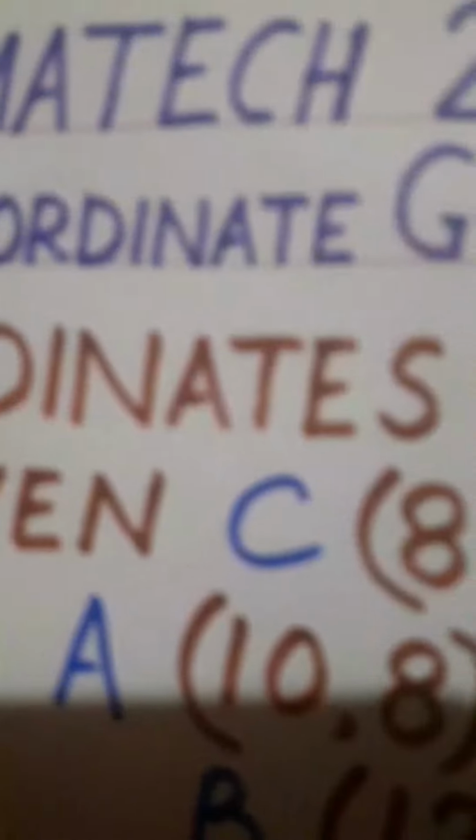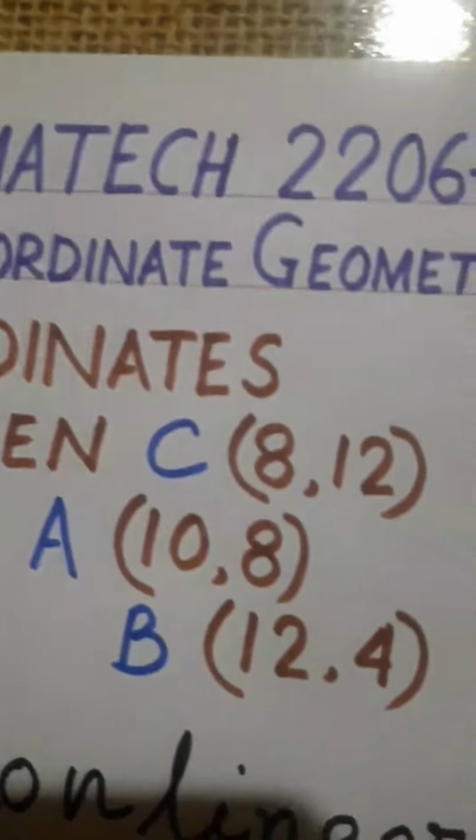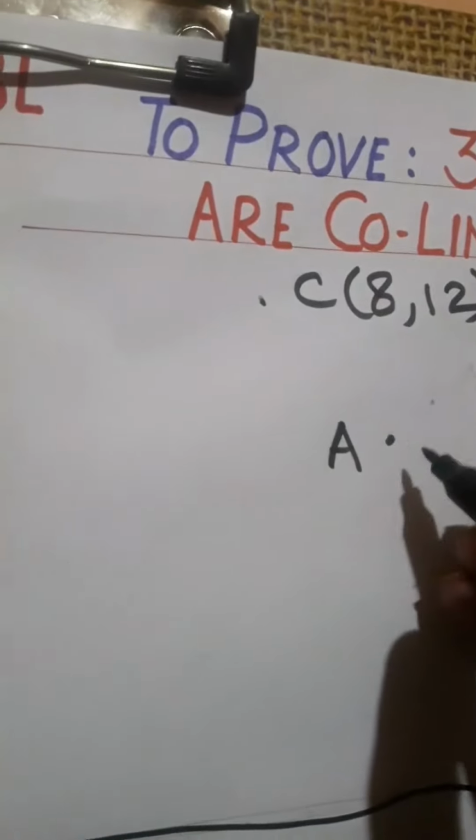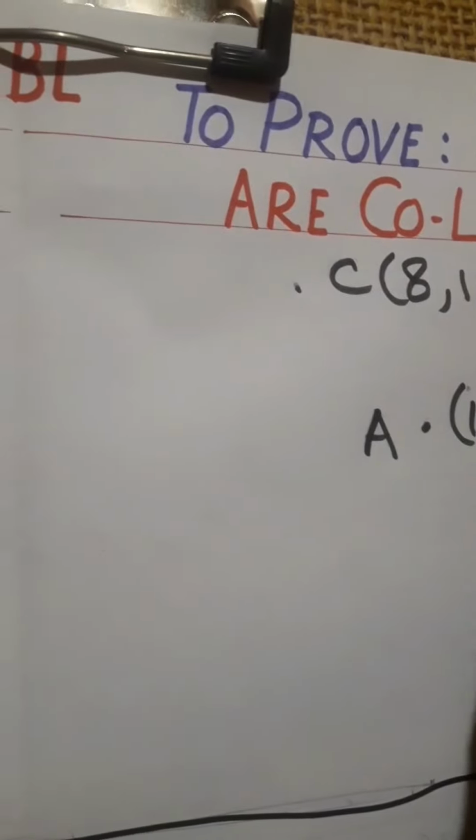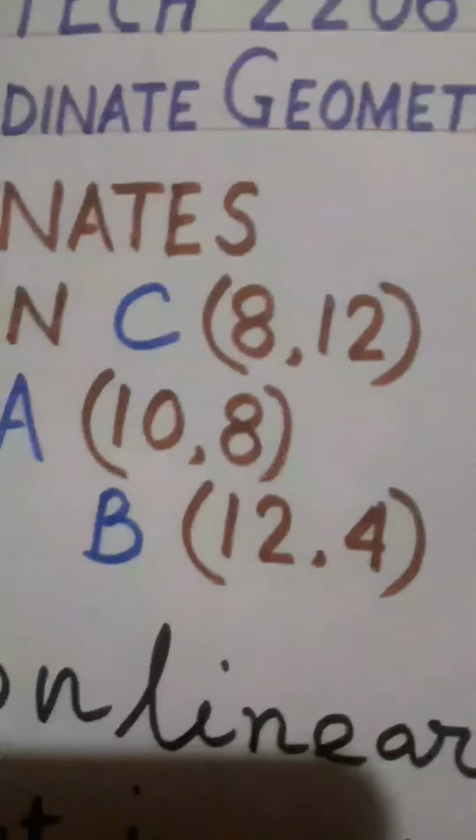Our second point given is A, whose coordinates are 10 and 8. So it will be somewhere here. And the last point given is B, whose coordinates are 12 and 4.